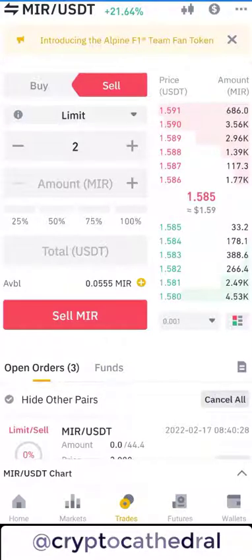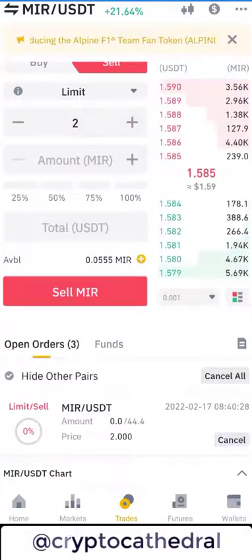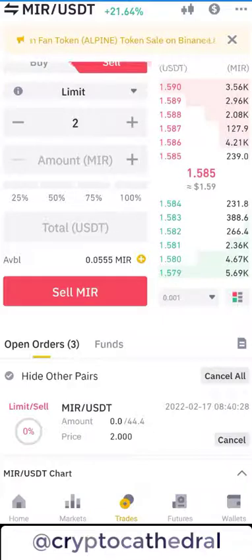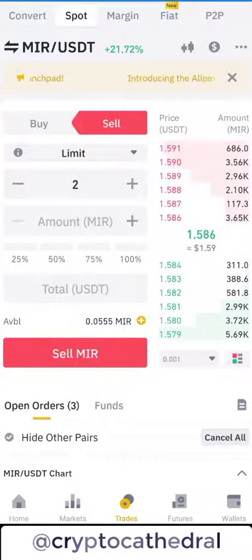Now, assuming I was holding, I would have made more profit. But I decided not to hold. I decided to put a sell order. So once it gets to that $2, it must sell off. Whether the price keeps on going up or down, I'm already out of the market. So that's the disadvantage of placing a sell order.